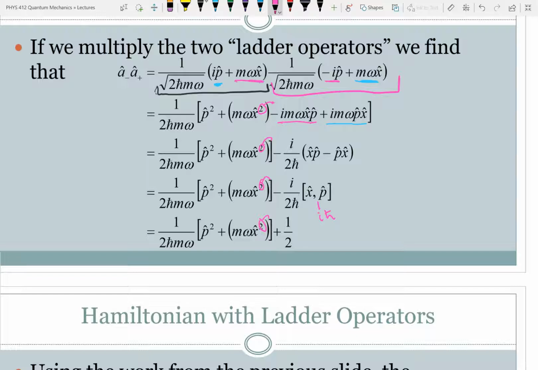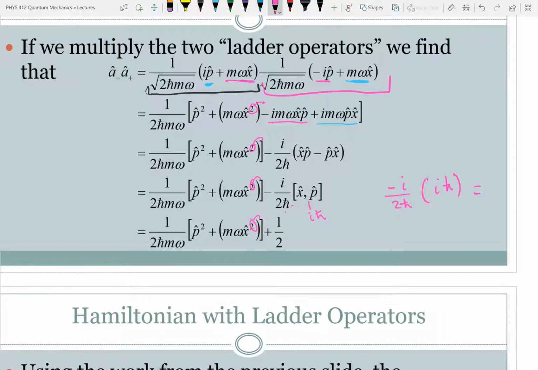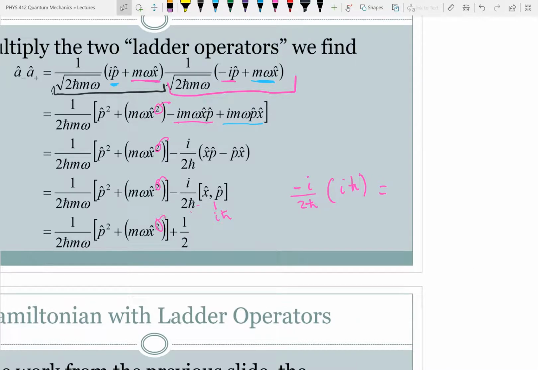Okay, so the right-hand term then, if we take minus I over 2 H bar and multiply it by I H bar, the commutator value, that's equal to minus I times I, which is minus I squared, or plus 1. H bar over H bar cancels, and that's just 1/2.